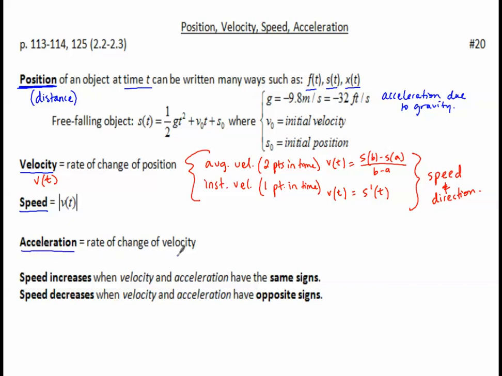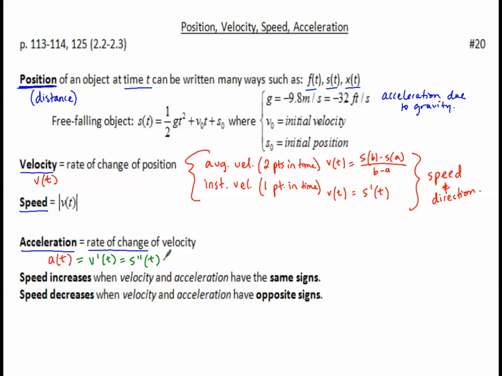Acceleration is the rate of change of velocity, often denoted as a of t, and it can also be an average acceleration or an instantaneous acceleration. But again, it's a rate of change. So think about it usually like, let's write it like this: v prime of t, or since velocity is the rate of change of position, s double prime of t.